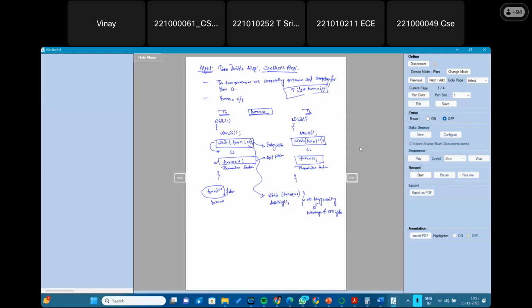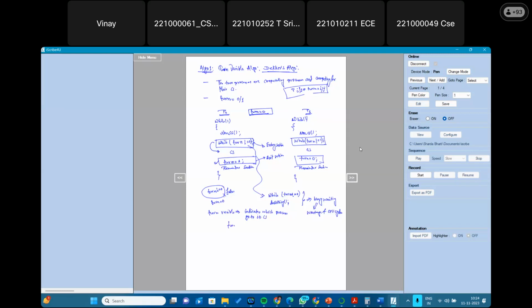So here you can see, the turn variable indicates which process can go to its critical section, right?